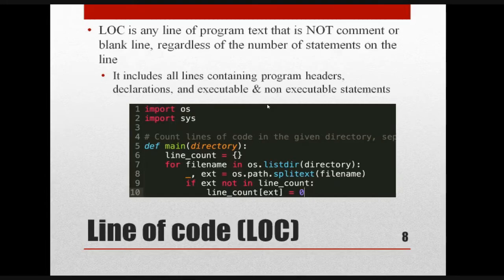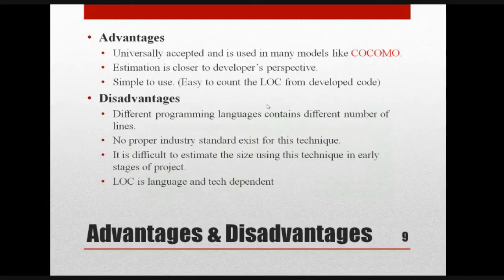Let us see the advantages and disadvantages. This line of code concept is universally accepted, because we have so many projects nowadays and we are reusing the code. For login, the code is already available. For logout, the code is already available.